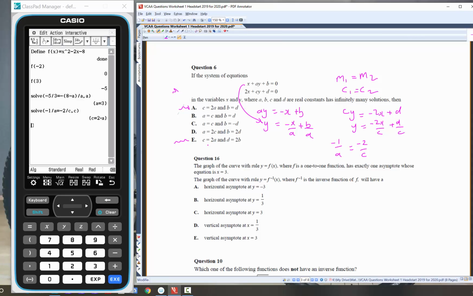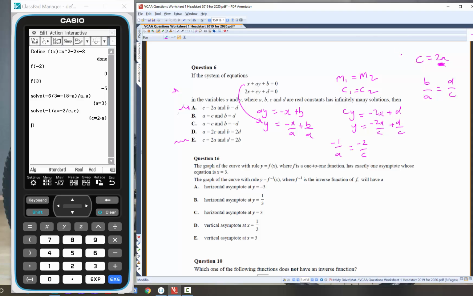All right, well, what do we know? We know that C is equal to 2A. Now let's equate the y-intercepts. B over A is equal to D over C. Now what we're going to do is substitute in this thing here.